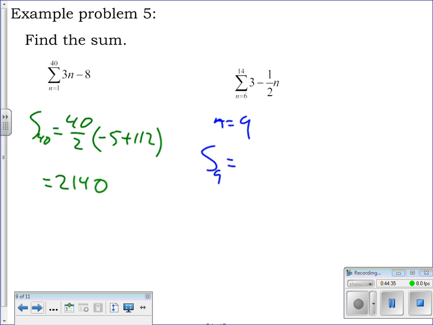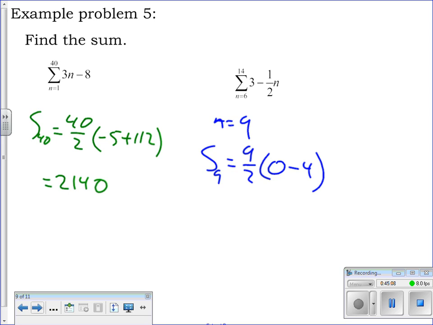Plug in 6 for n. Figure out what our first term is. So it's 9 over 2. 1/2 of 6 is 3. 3 minus 3 is, what's my first term? 0. And that's okay. Plug in 14. 1/2 of 14 is 7. 3 minus 7 is negative 4.